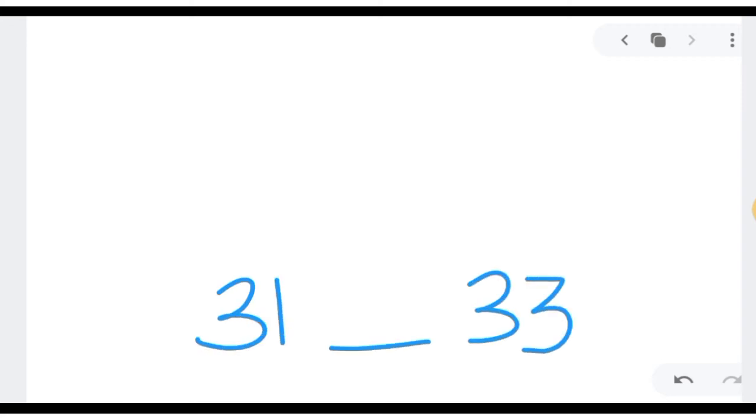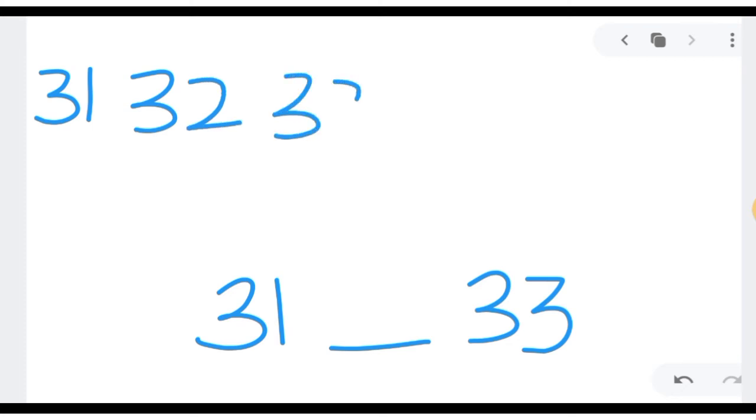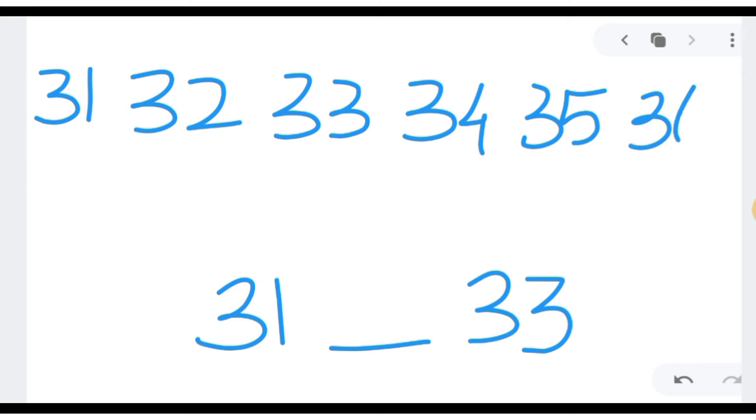Can you tell me what number I have written here? 31, 33. We have to find out what number comes in between 31 and 33. So now I am going to write the numbers 31, 32, 33, 34, 35, 36. It's over. Okay, it is enough. Now let's find out where is the number 31.